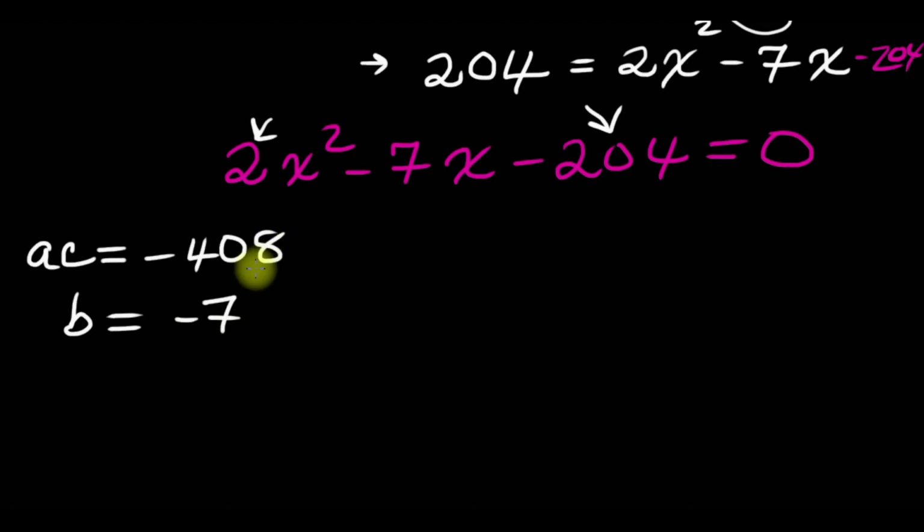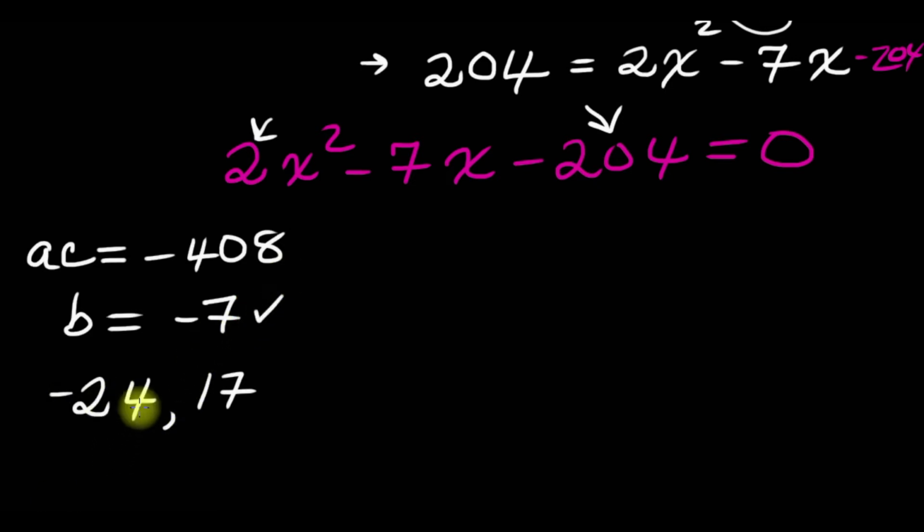Now I have to come up with factors of negative 408 that when I add those numbers comes out to negative 7. How about 24 and 17? This has got to be a negative 24 to make it come out to that.